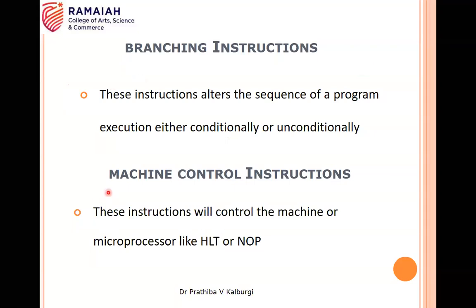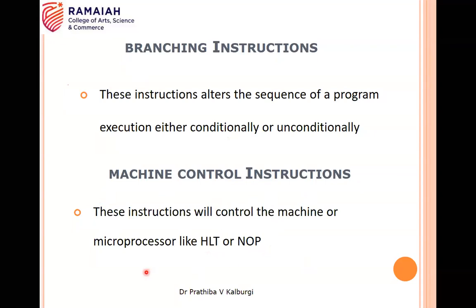And the last one is machine control instructions. We have only 2 instructions which come under machine control, which control the processor. One is the halt instruction, HLT. The other is NOP, which is nothing but no operation.